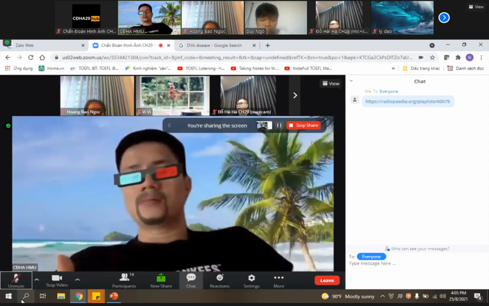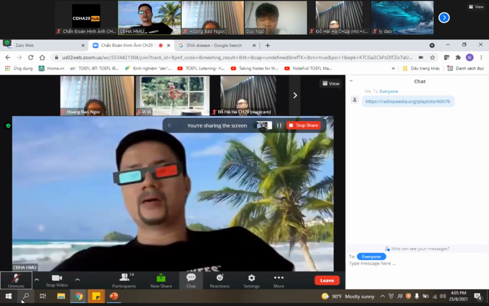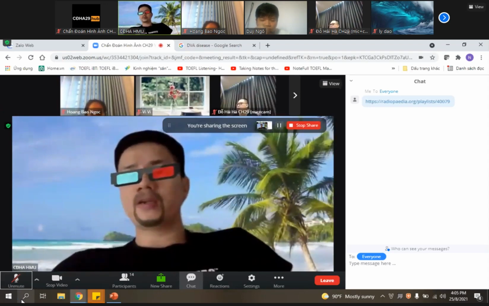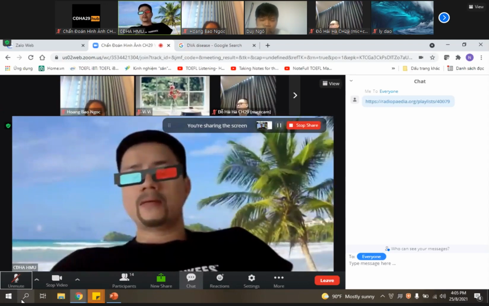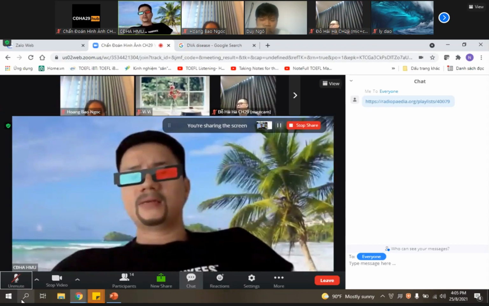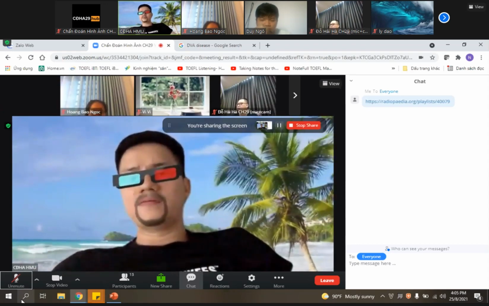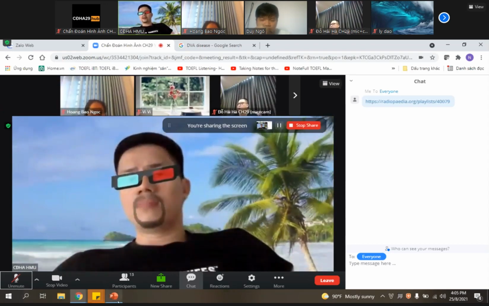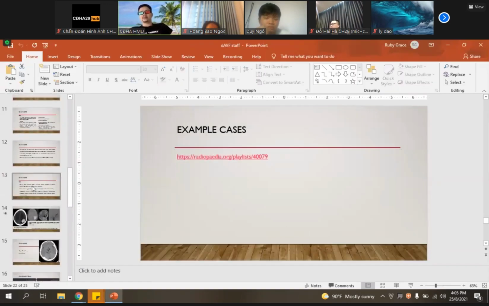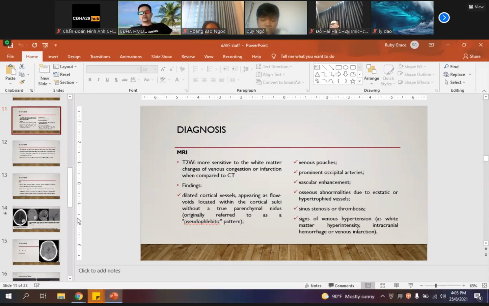So sometimes you just see the intraparenchymal hemorrhage, for example. You can see the dilated vein, you can see the dilated feeding artery, but you cannot see the fistula location directly.